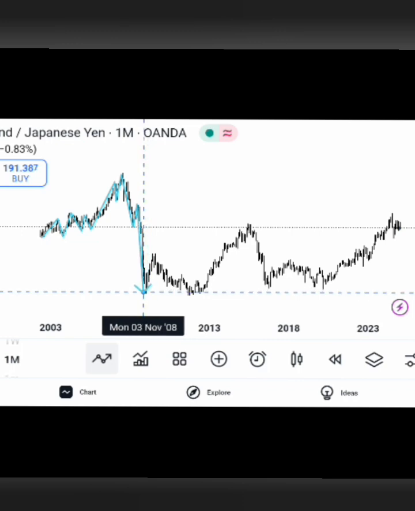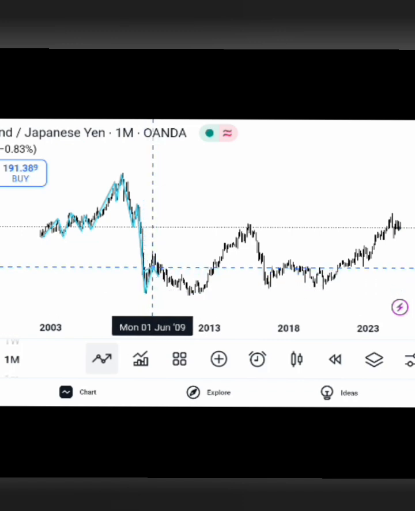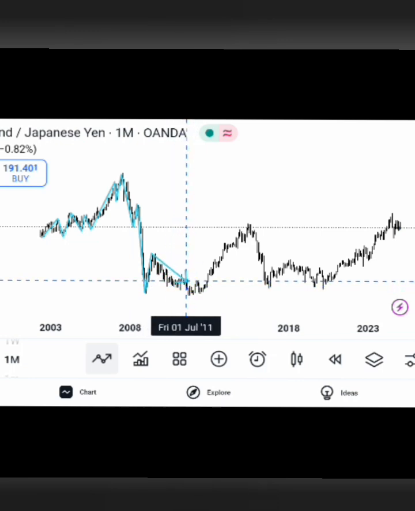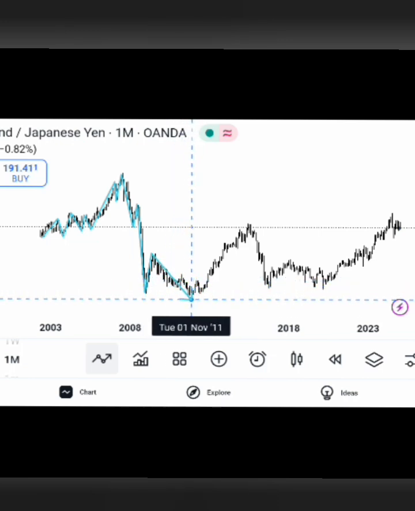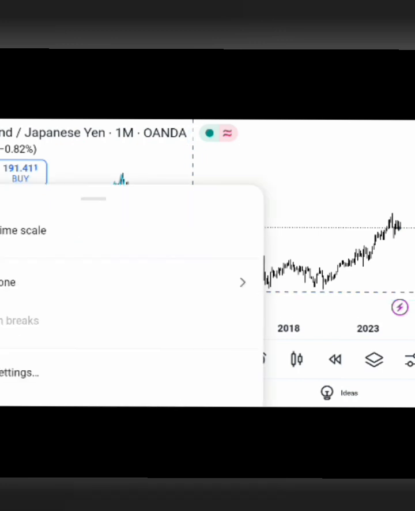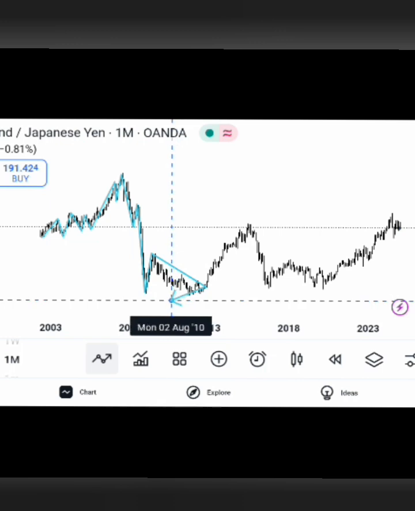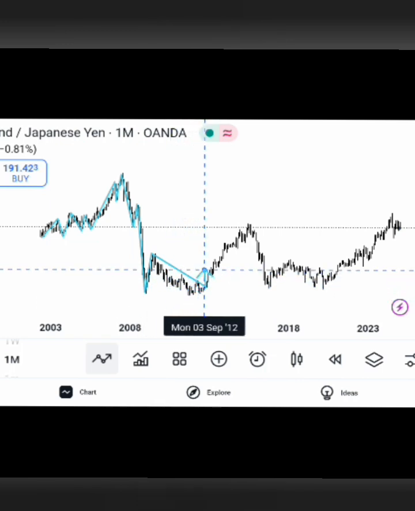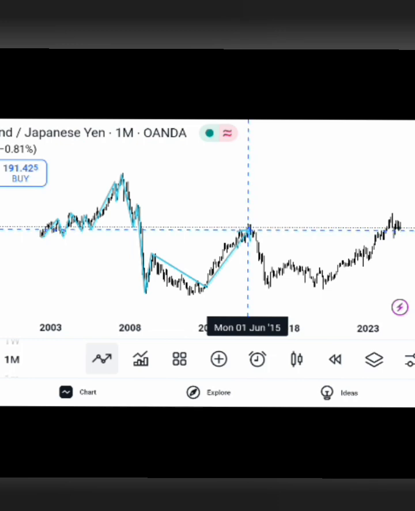It reached here, then did a pullback. Can you see what the market is doing? Pullback, then it came down somewhere here, then it went up again, then pulled down to this point, then it pulled back all the way up here.